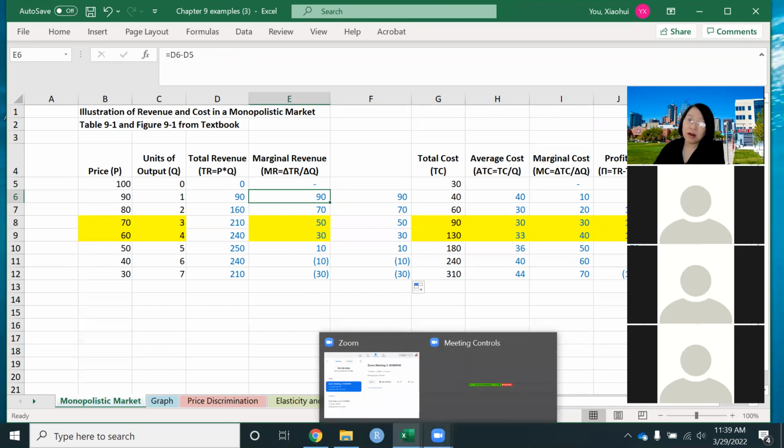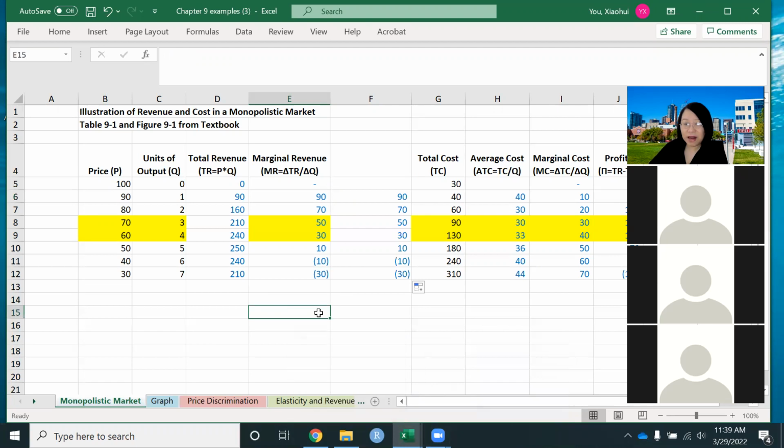But this calculation is wrong. We cannot do that. So why does it get the same value, but we cannot use this calculation? We should use this calculation. Why?